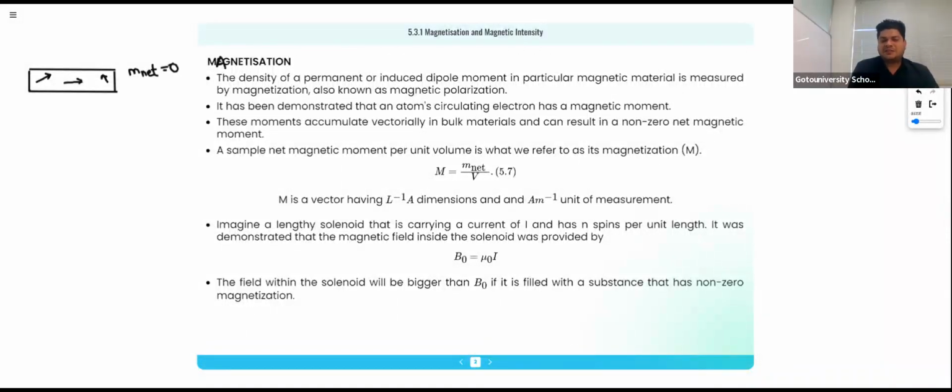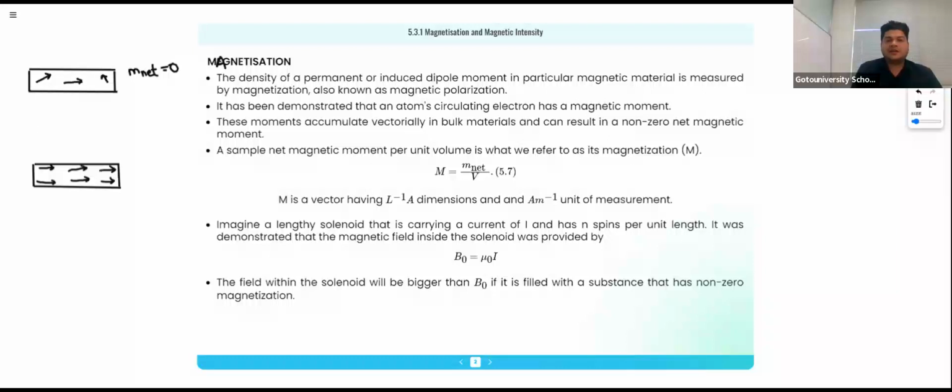When we keep this material into the external magnetic field, it will align in a particular direction.